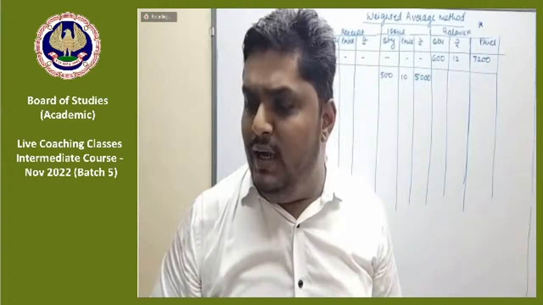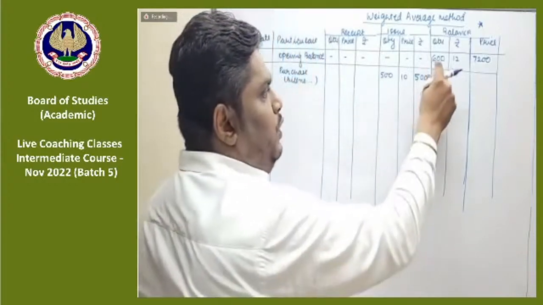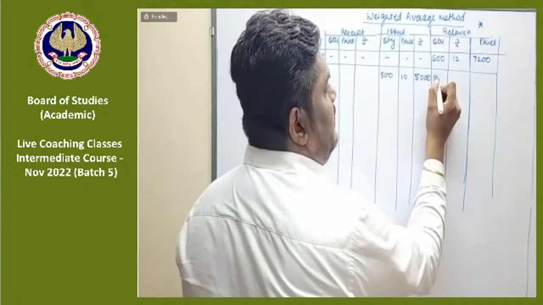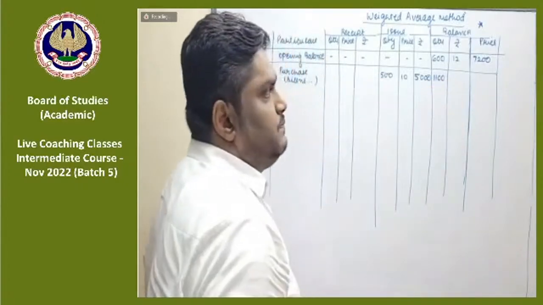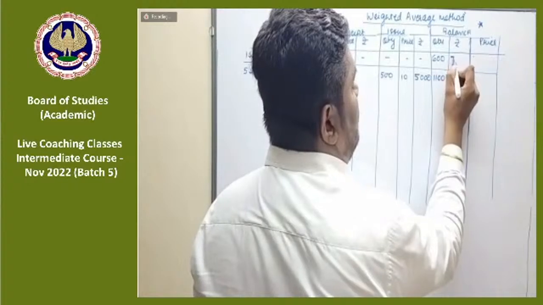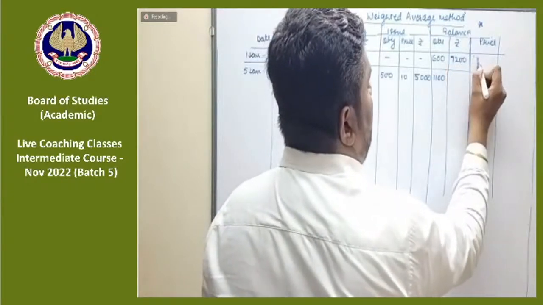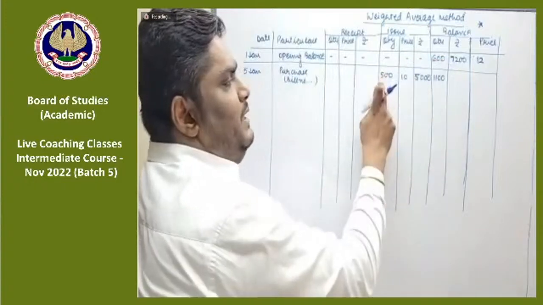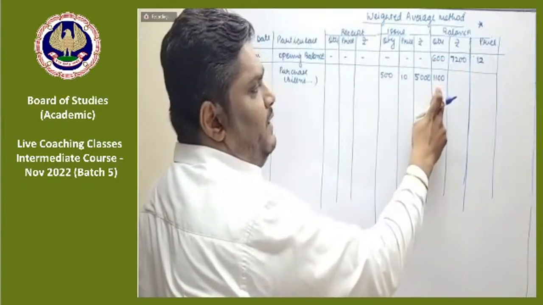Now, very important, guys, the total quantity will be 600 plus 500, that is 1100.